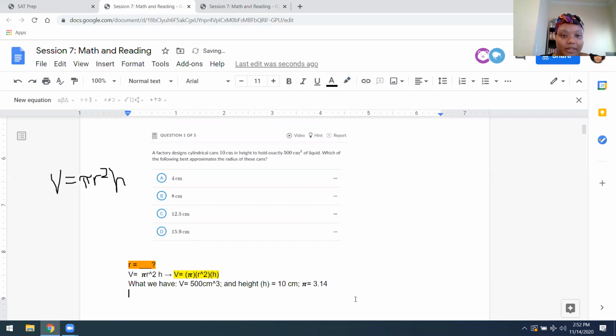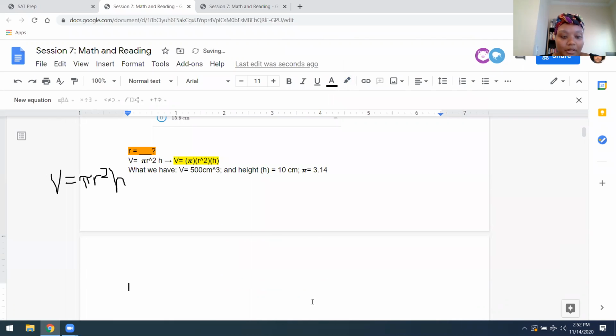So let's put everything together that we have so far. We're going to put it in this form. Or, you could do it a different way. We're just plugging everything in that we have. 500, that's volume, equals pi r squared times height, which is 10.